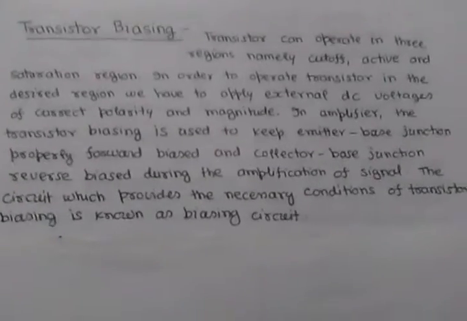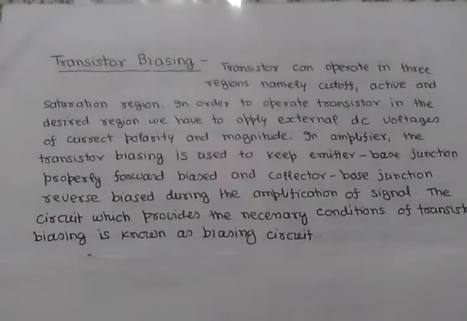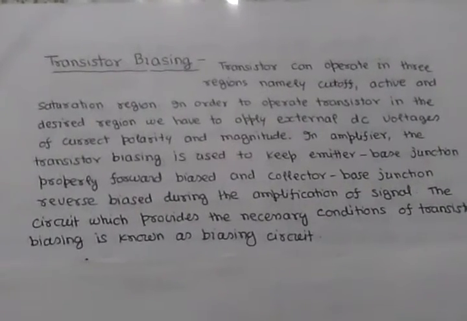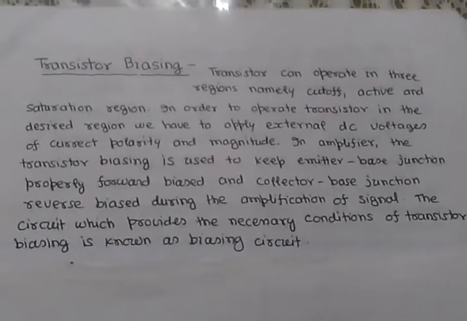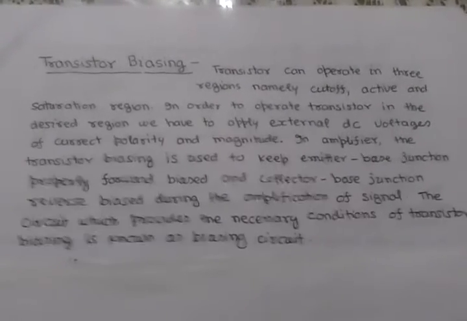Transistor biasing is also used to provide bias stabilization in circuits. Bias stabilization means keeping the operating point fixed at the desired location on the DC load line of a circuit.